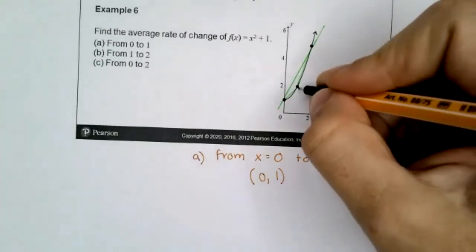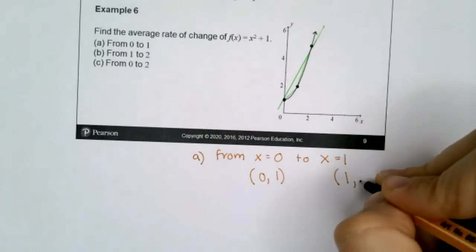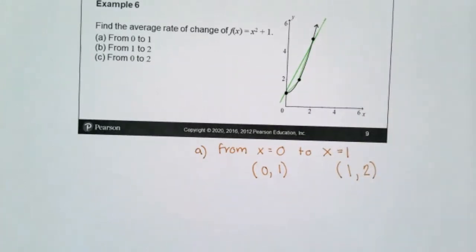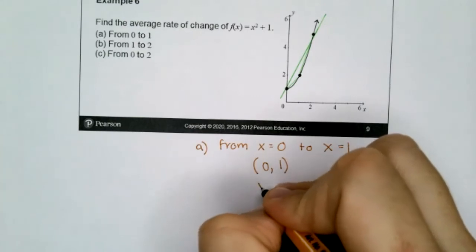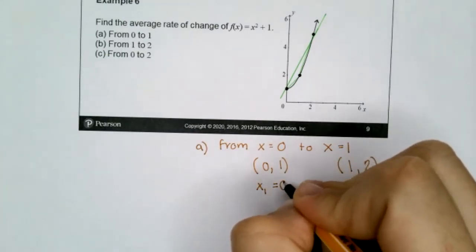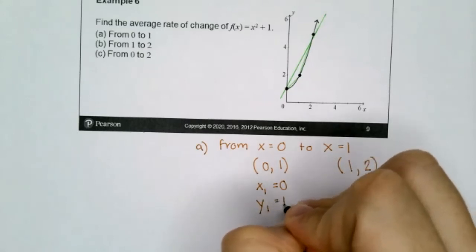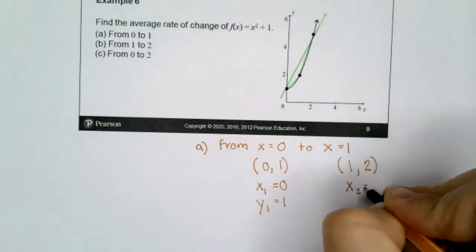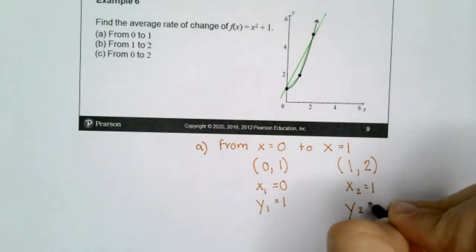When x equals 1, y equals 2, right? So my x1 is 0, y1 is 1, x2 is 1, y sub 2 is 2.